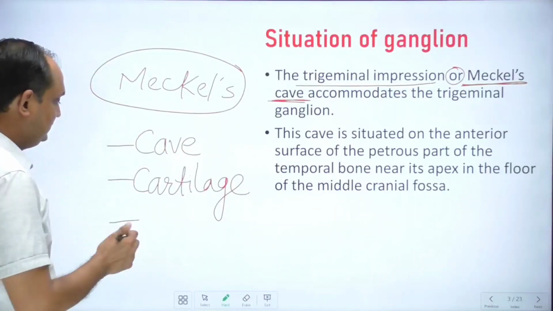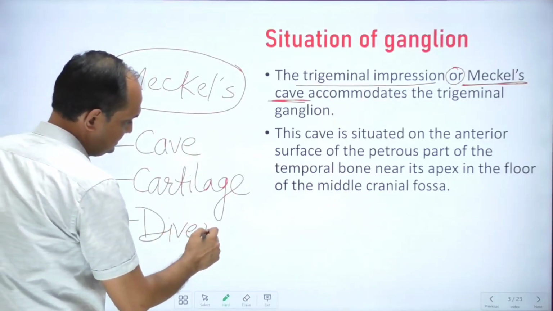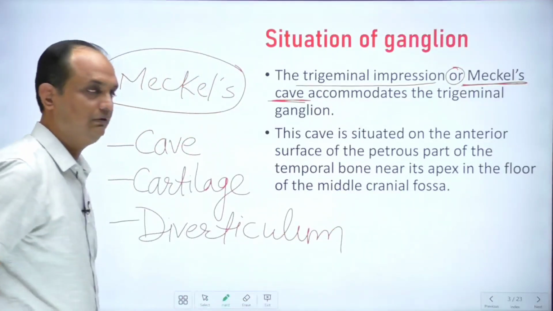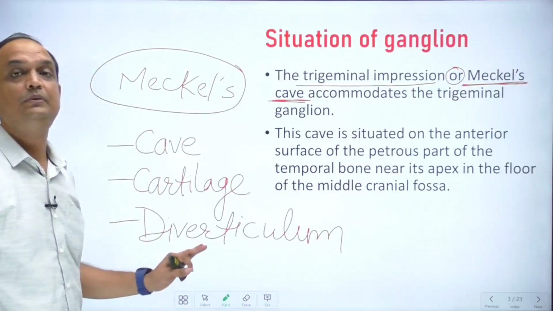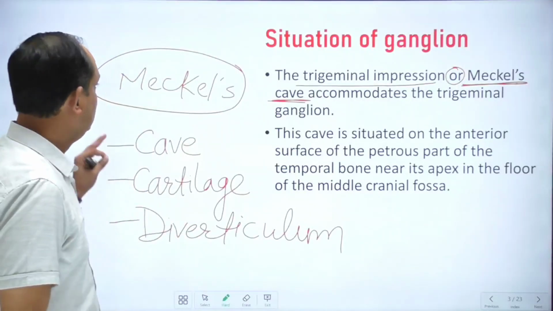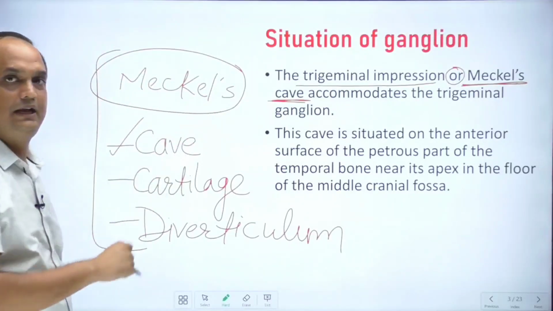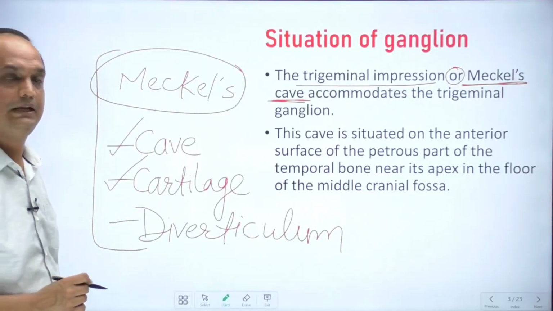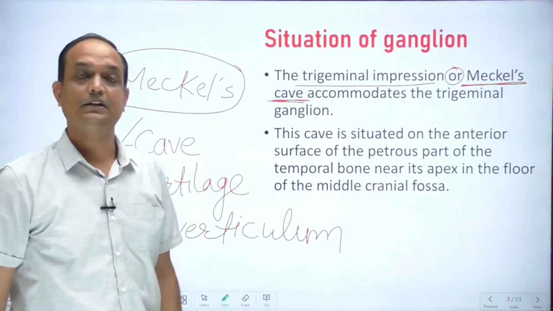Then the third is Meckel's diverticulum, which is an embryological remnant present on the anti-mesenteric border of the intestine. So we use the term Meckel's at three places: here in the cranial cavity, in embryology for the development of branchial arches, and the diverticulum related to the intestine.